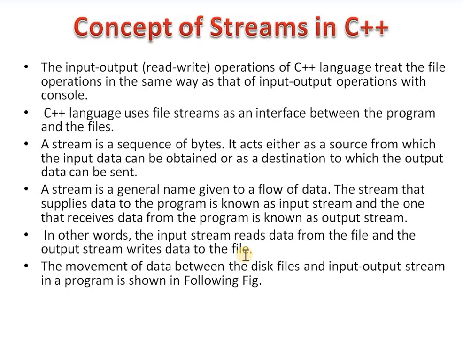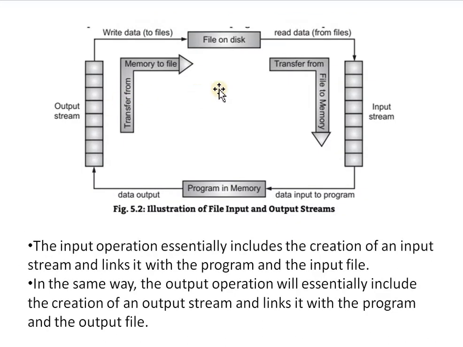Let's see the movement of data between the disk file and input-output stream in a program, shown in the following figure. This figure demonstrates the data transfer between a disk and input-output by using a stream. See, here is a program memory and here is a disk.